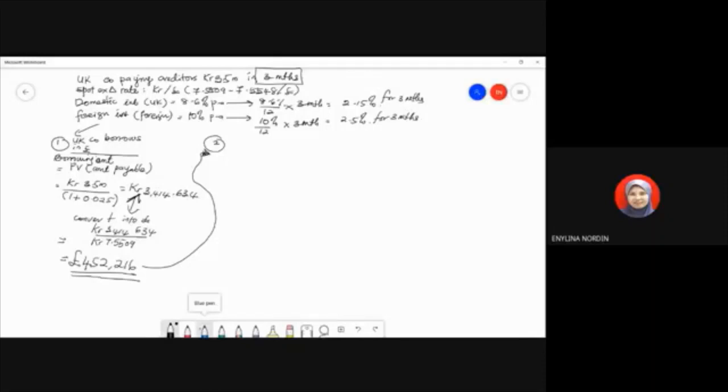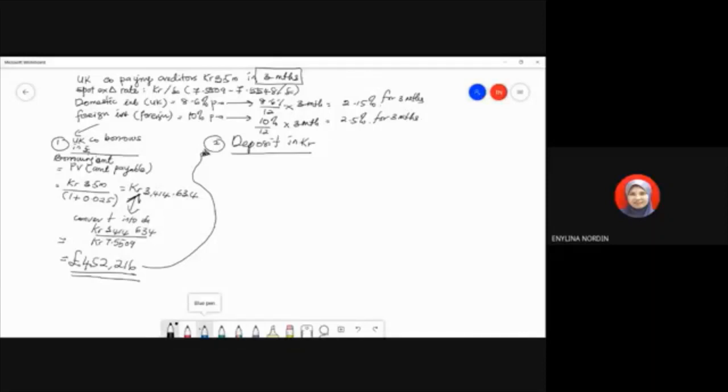So what currency do you want to use in order to put the money on deposit? That is definitely the kroner. So that means step number 2, the UK company will deposit in kroner. What amount is to be placed on the deposit account?